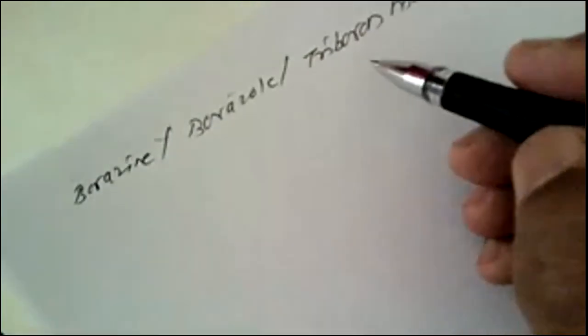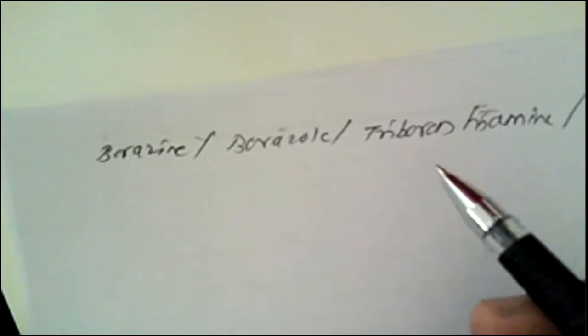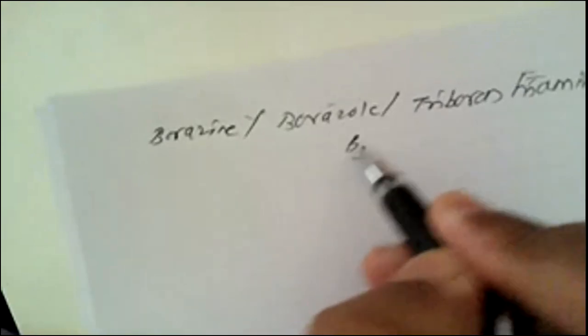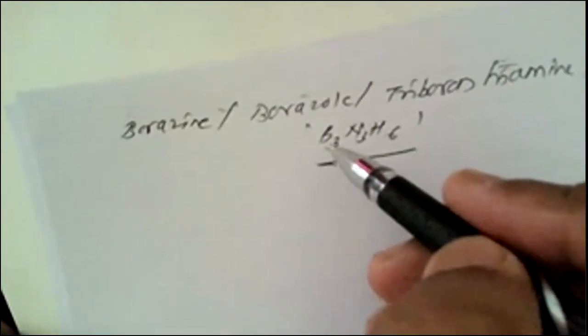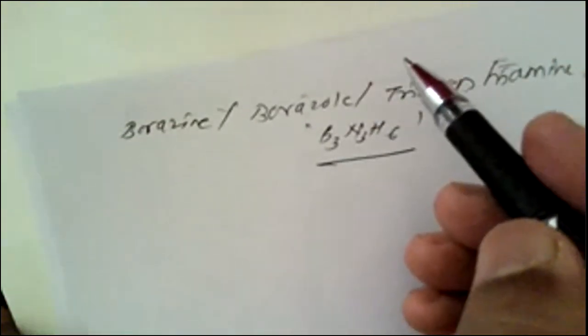An MCQ type question may be asked, that is, which compound of boron is referred to as inorganic benzene? It is known as borazine, borazole, or this B3N3H6. How can it be prepared on laboratory scale?